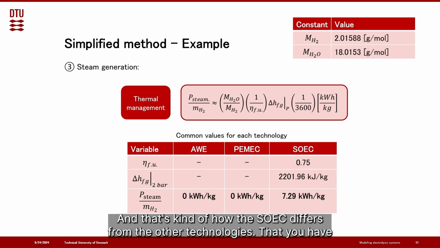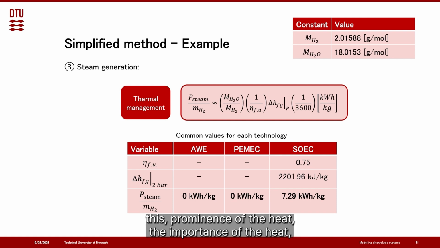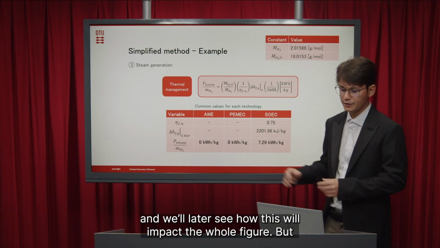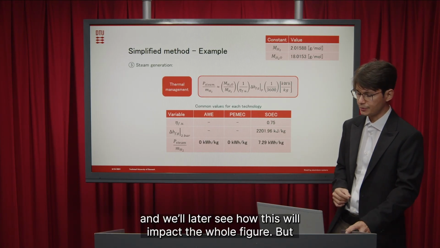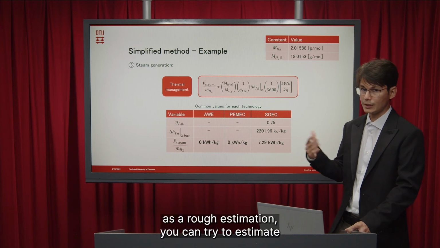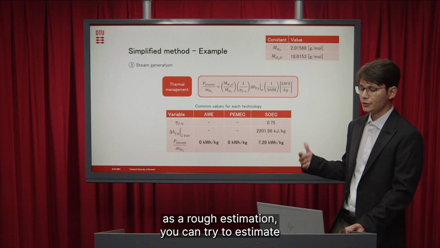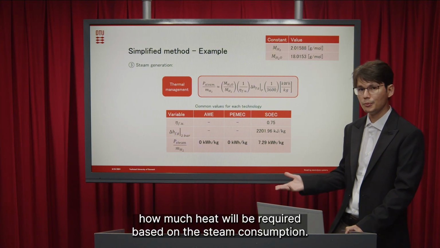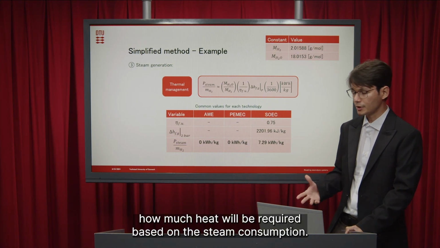And that's kind of how the SOEC differs from the other technologies, that you have this preeminence of the heat, the importance of the heat. And we'll later see how this will impact the whole figure. But as I mentioned, as a rough estimation, you can try to estimate how much heat will be required based on the steam consumption.